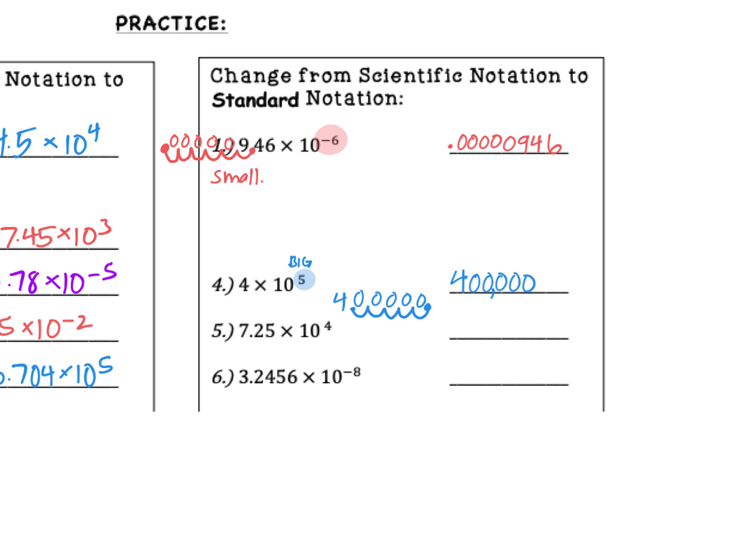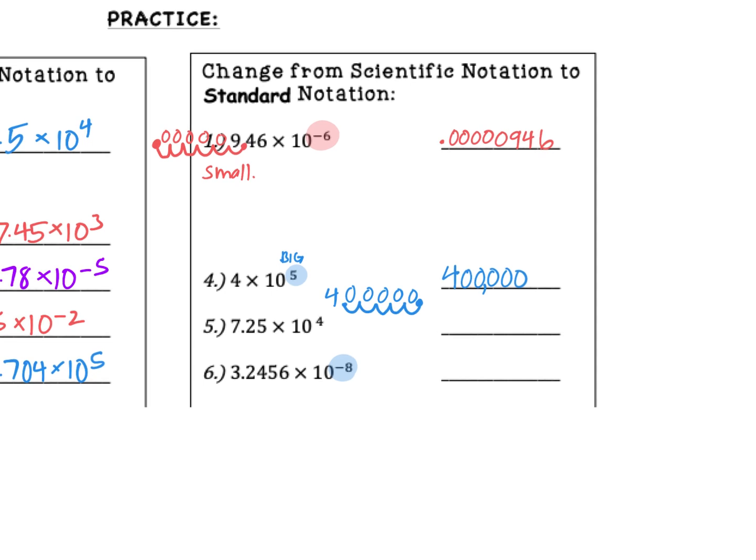All right, I'm going to do number 6 with you, and you are going to try out number 5 on your own. My exponent here on number 6 is negative 8, which means this is going to be a small number. So I'm going to rewrite my number down here, so I've got more space. And I'm counting back 8 times. So my decimal place is here.